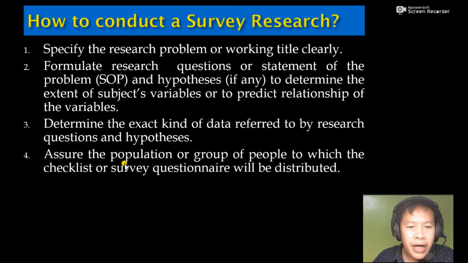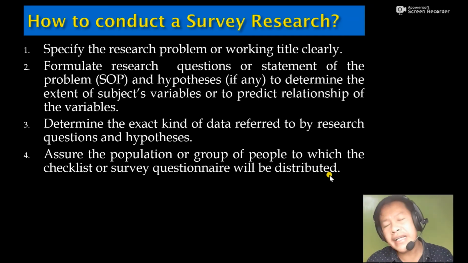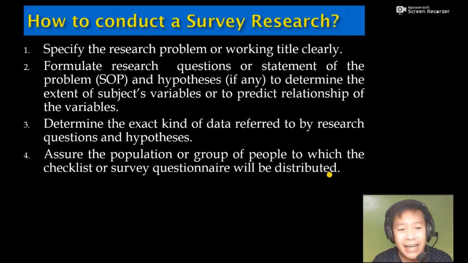Okay, number 4. Assure the population or group of people to which the checklist or survey questionnaire will be distributed. Yes, and that is using the sampling technique. Do not give the checklist or survey questionnaire to people who are not potential respondents of your study. That will only make your results not reliable.